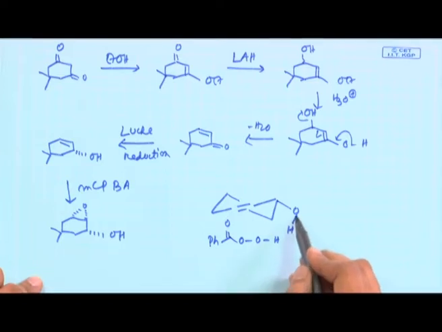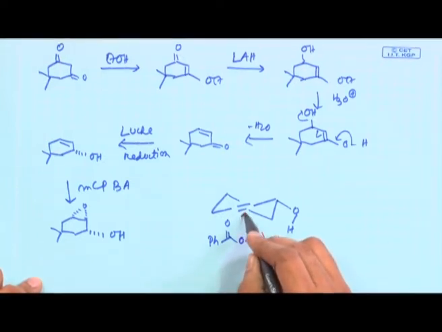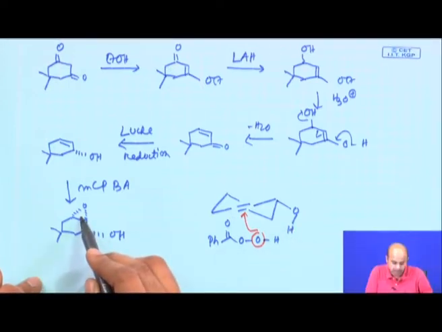So, this hydrogen bonding with this peracid helps this electron deficient oxygen to deliver to this pi face of the double bond through the bottom face.